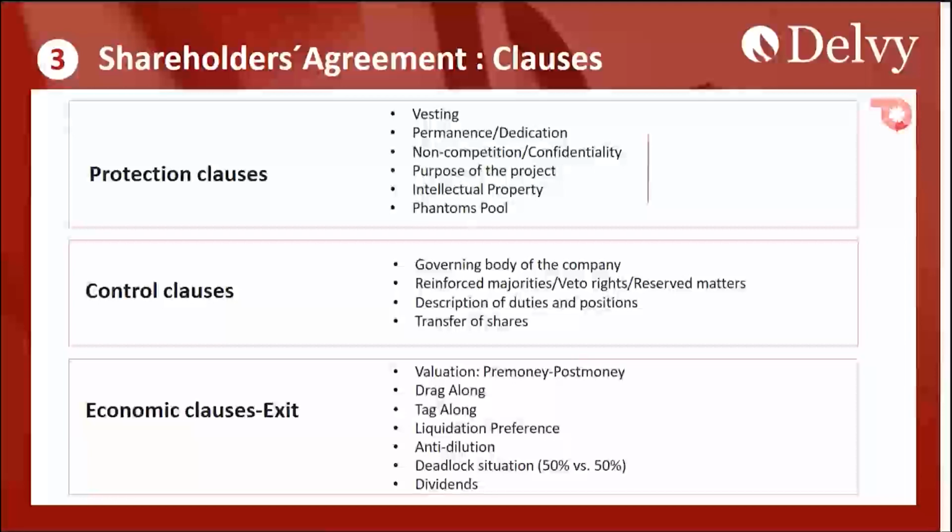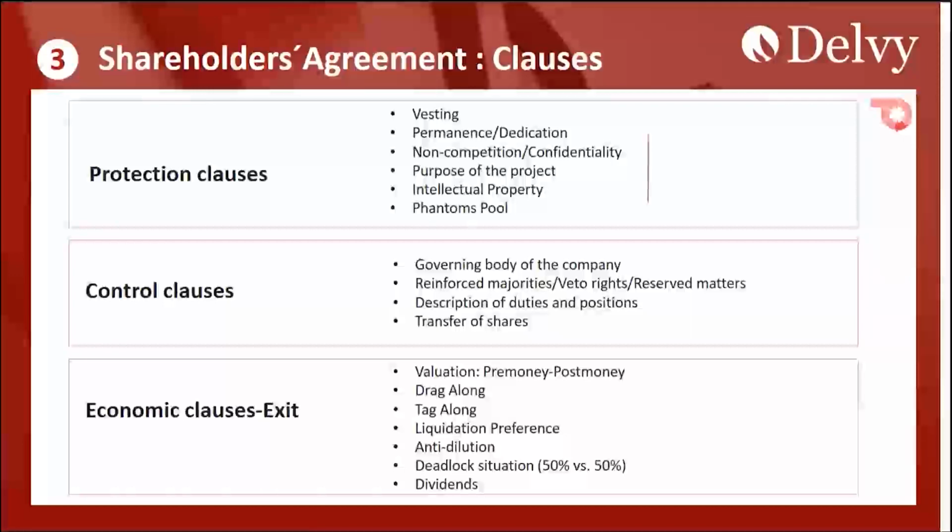The drag along might say something like, if I found a buyer for 50 million, the investors will be able to drag along everyone, even if I only have, let's say, 15% of the company, because I want to maximize my chances to obtain an exit as soon as possible and sell the company. So as you can see, depending on the stage and how the clause is written, it might have different effects, right?